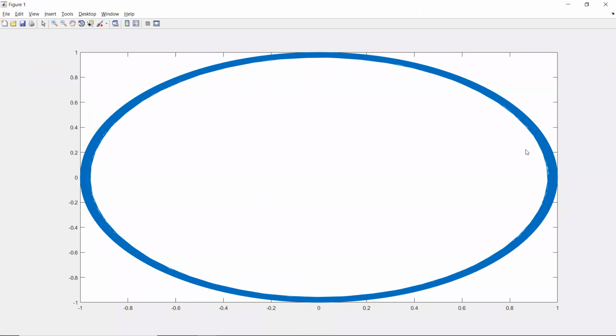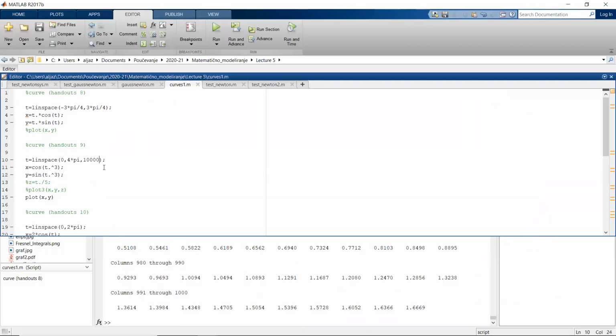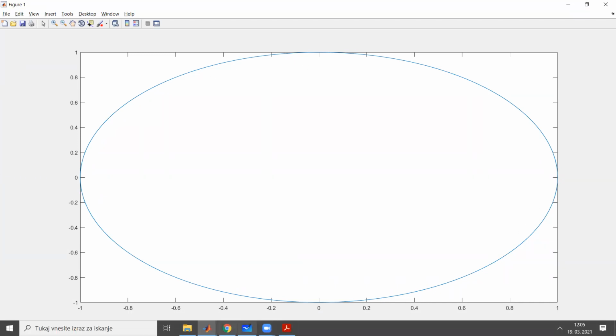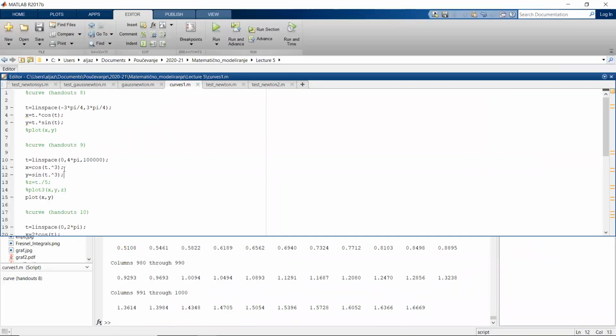Yeah, now we don't have this problem of jumping from one side to the other, but still it's not dense enough, so we have this jumping up and down. We can try with 1,000,000 points. Yeah, with 1,000,000 points, we really get the circle. So theoretically, we should get the circle, and the problem at the beginning was that we had not enough points.